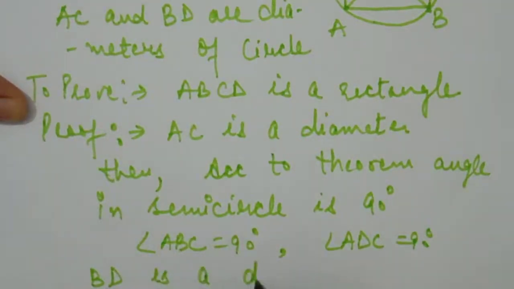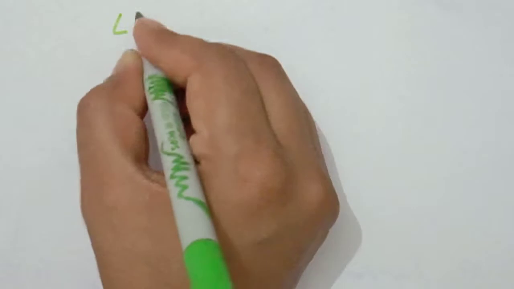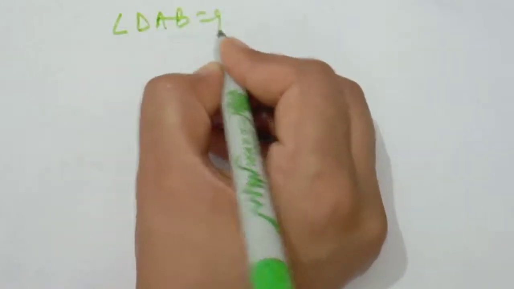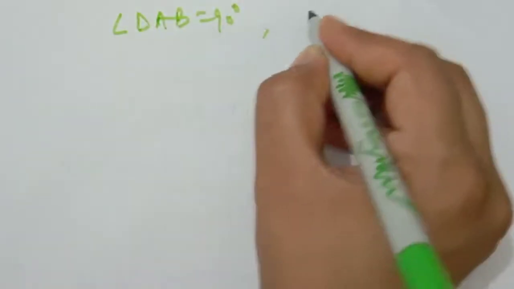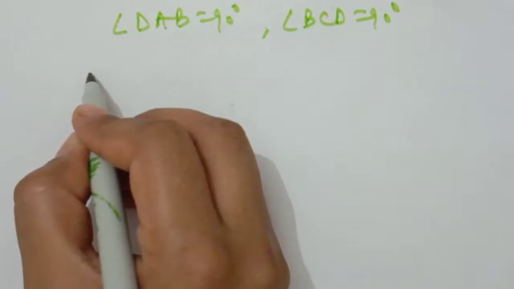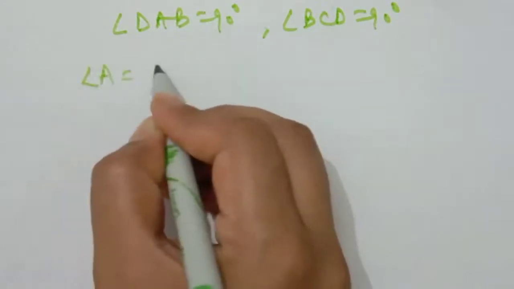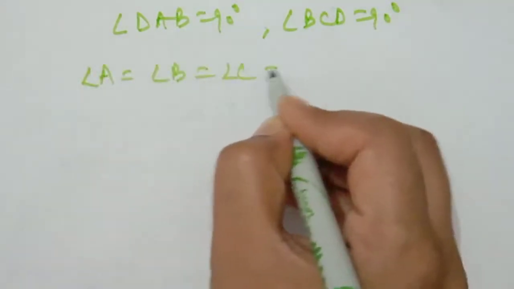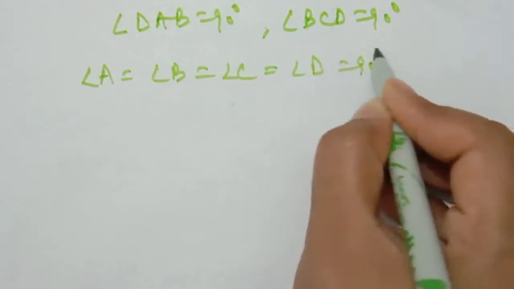BD is a diameter, then according to the theorem, angle DAB is equal to 90 degrees and angle BCD is equal to 90 degrees. So students, according to these two results, all angles are 90 degrees.